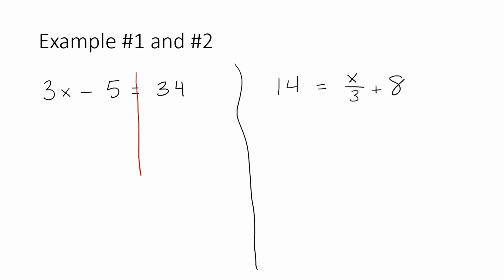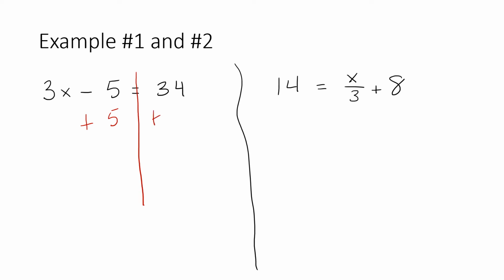So taking a look here at the first example, 3x minus 5 equals 34. I notice the x is on the left side, so I have to move everything from the left to the right outside of the x. The only part on the left side that doesn't have the x next to it is the negative 5, so that's what I'm going to move first. How do I move a negative 5? Well, I add it.